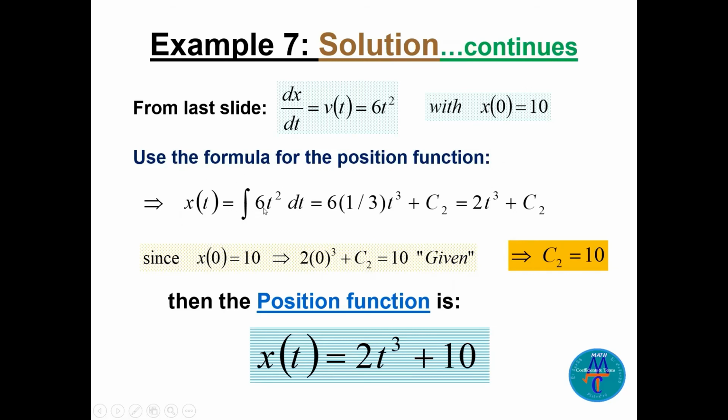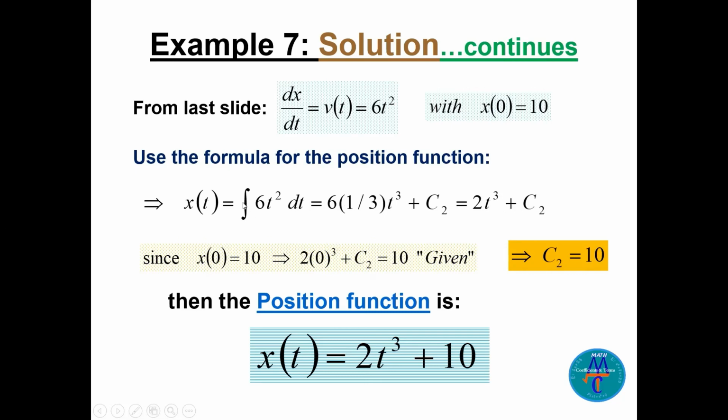We integrate 6t squared dt. So it will be 6, and to integrate t squared, you add 1. It will be 1 over 3 times t cubed plus capital C sub 2. So this is another constant. So it will be 6 times 1 over 3, 2t cubed plus C sub 2.